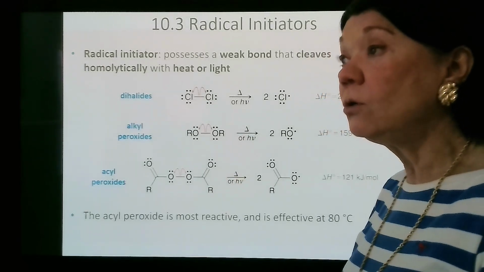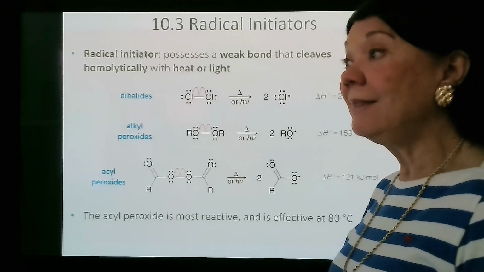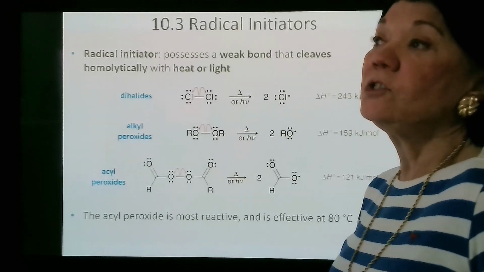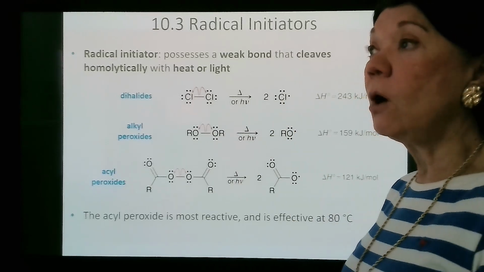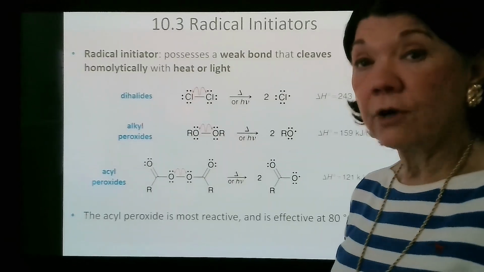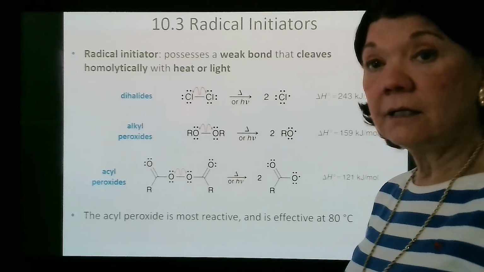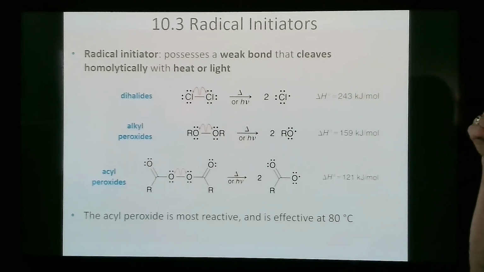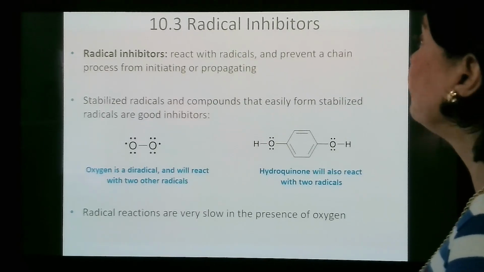And you want to use radical initiators that are easy to cleave because you don't want to cause other reactions to occur by heating up your reactants too high. And so this will ensure that you get only the radical reaction taking place.